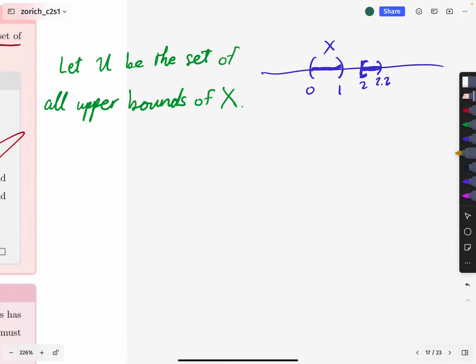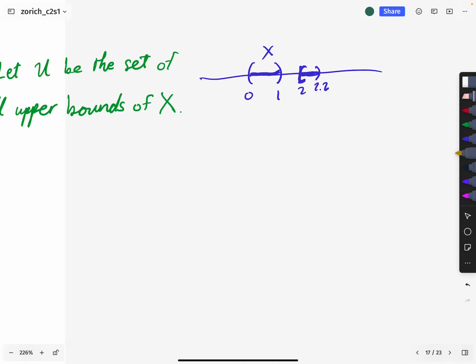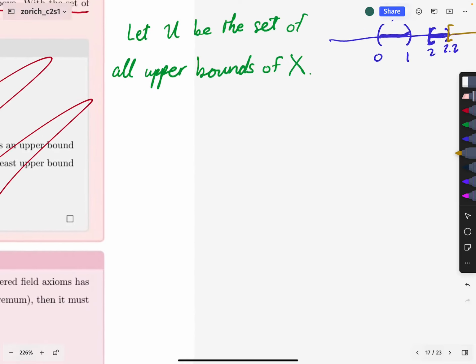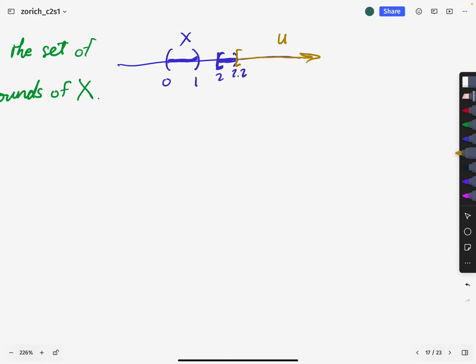I just want to draw this so that you can then look at what the set U is supposed to be. And so if our X looks like this, then the set U would include this point, 2.2, and then extend out here to infinity, because all of these points would be some upper bound of the set X. And we know that X is non-empty and bounded above, so that this set U has at least one element.